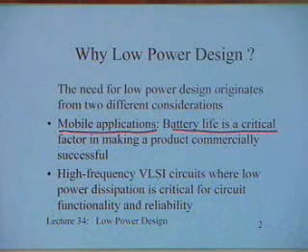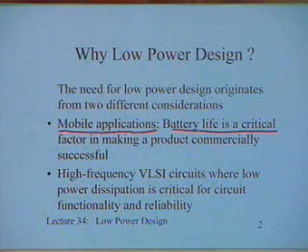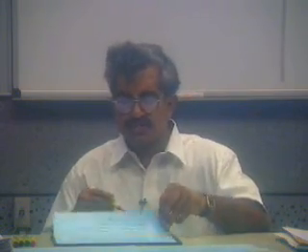Another thing which is not that well understood is high frequency VLSI circuits. Forget the fact that the source of power is batteries; the source of power may be the main supply. Still, because you are now packing millions of transistors into a very small area, the amount of heating that takes place in a small area is so large.